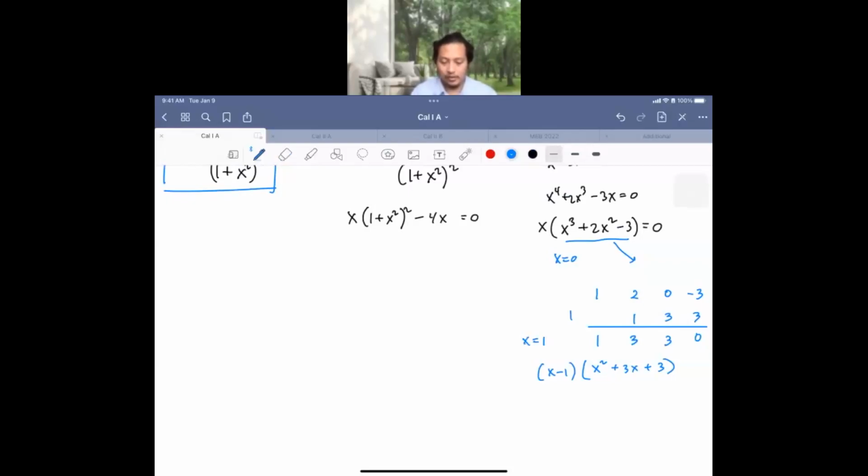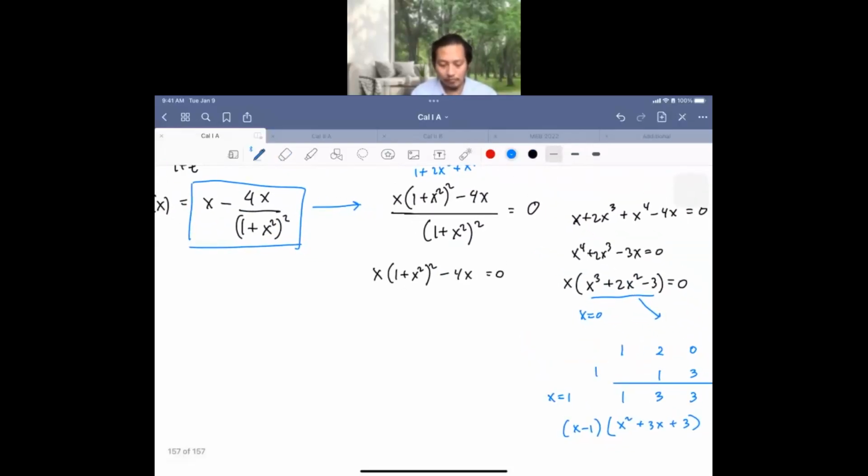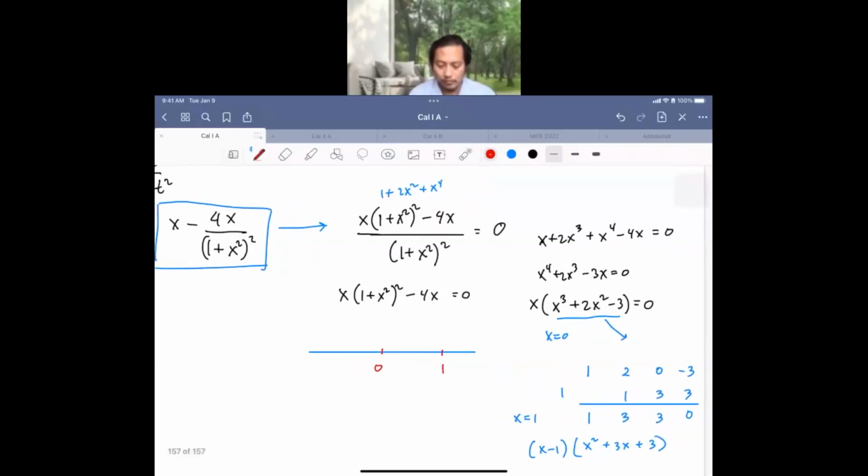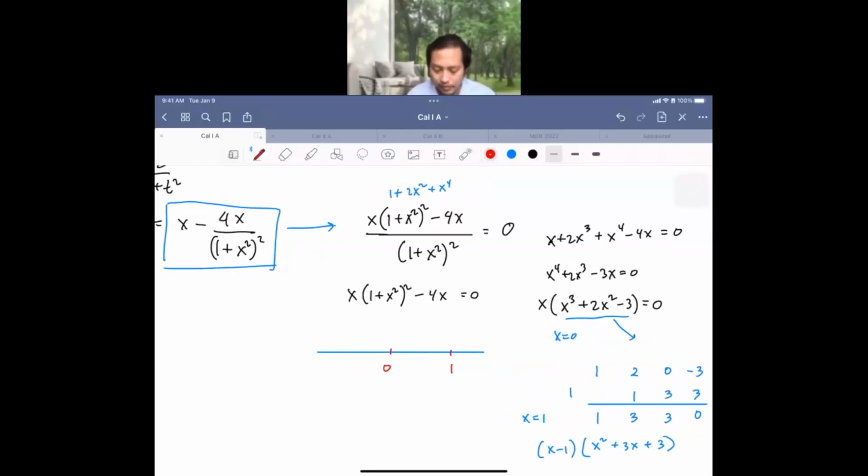So when we check 0 and 1, we check through our points. So if we check half, or maybe we could check 2.